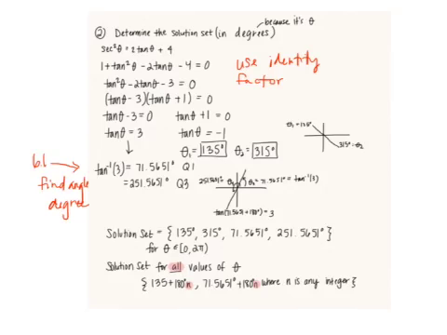So tangent of theta is equal to 3 at 71.565 degrees, and also at 71.565 degrees plus 180, so our other angle is 251.56. If you were to add another 180 degrees, you'd get another value where tangent of theta is equal to 3.